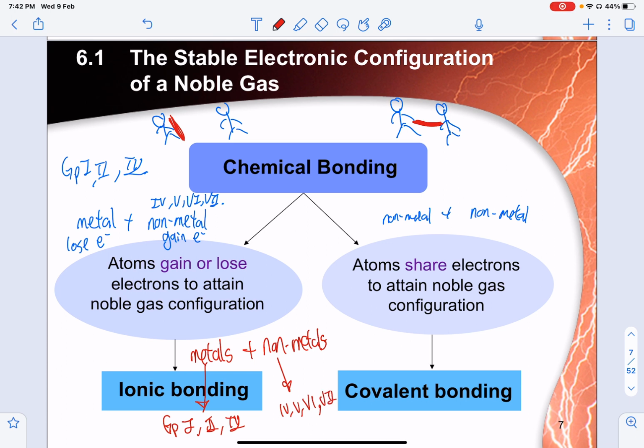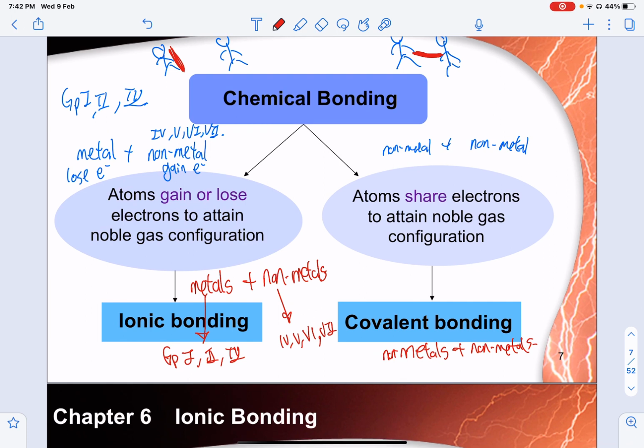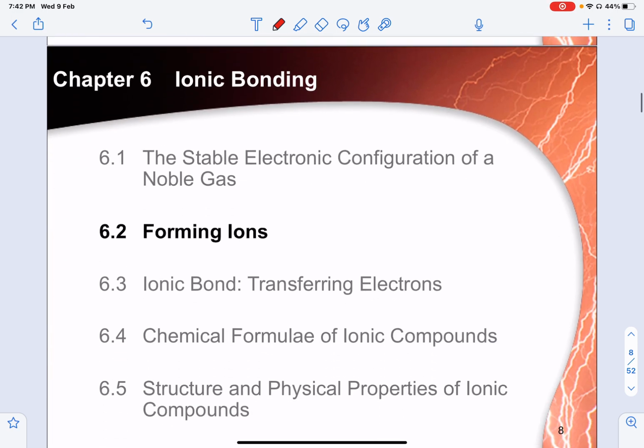On the other hand, for covalent bonding, we are talking about non-metals pairing with non-metals, your group 4, 5, 6, 7 matching with another group 4, 5, 6, 7 element. Your group 0 tend to be noble gases, and they tend to occur as single atoms. So they don't really need to share, gain, or even lose any electron.